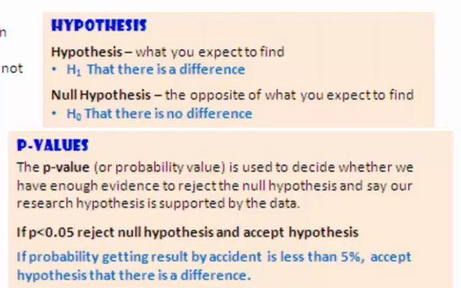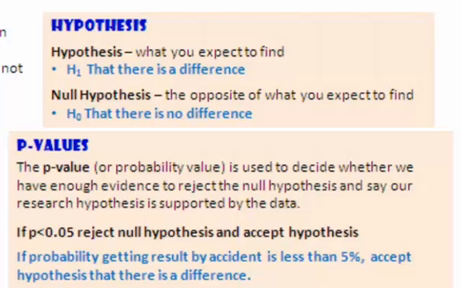Now, if you were doing a test, you would assume that you're expecting to find something, a difference or a change caused by your research. So your hypothesis, written H1, is that there is a difference or a change as a result of what you're investigating.